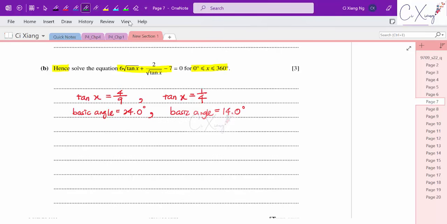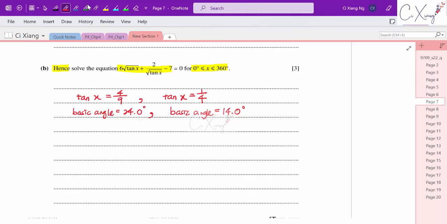How do we get the basic angle? You take tangent inverse of 1 over 4, and then you get the basic angle. The same thing here: to get 24, you take tangent inverse of 4 over 9.